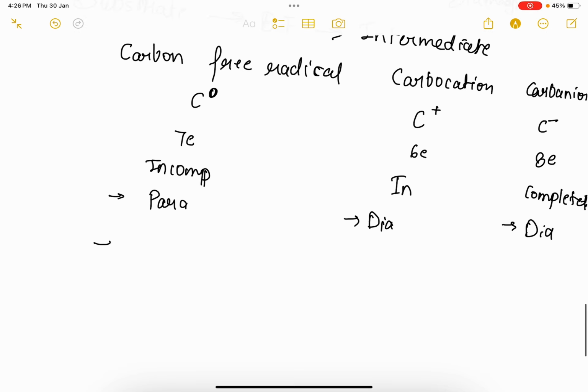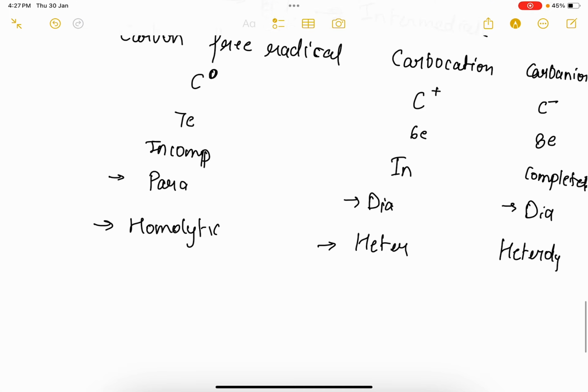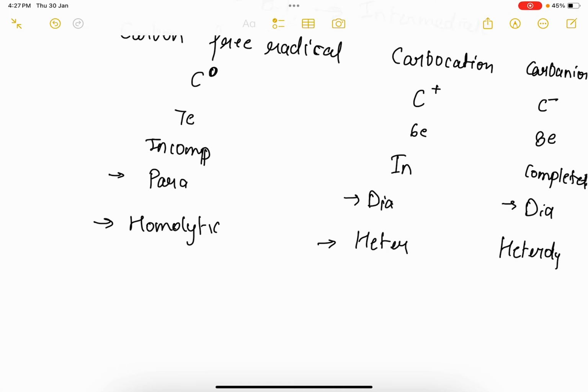The carbon free radical is formed by homolytic bond fission, but the carbocation and carbanion are formed by heterolytic bond fission. So in any organic chemical reaction, the substrate goes under bond fission and gives an intermediate: either a carbon free radical, a carbocation or a carbanion.